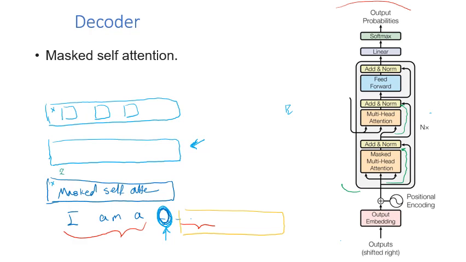So I have z here, add x to z, and then normalize it, and then pass through multi-head attention, and so on and so forth. So this should be clear now. All components are the same as in the encoder, and again we repeat this 6 times.